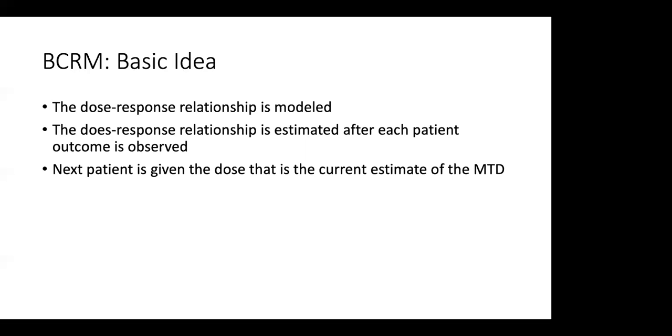So although the BCRM gives us the flexibility to continuously monitor the trial and continuously estimate the MTD, in practice a lot of the time we can still use a cohort size of 3. But as I said, the BCRM gives us the flexibility to use any cohort size instead of just 3. We can use a cohort size of 2, 3, or 4, depending on the practical situation.